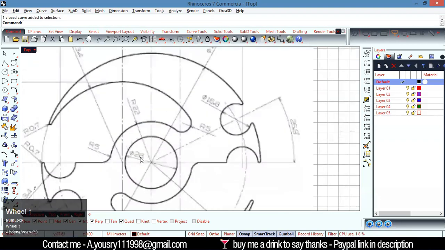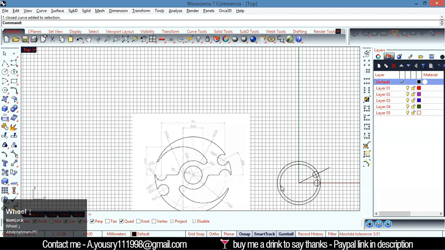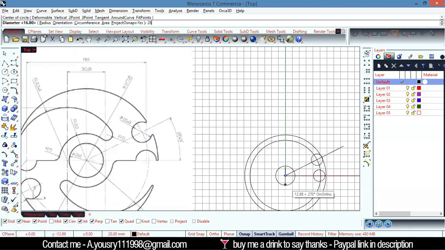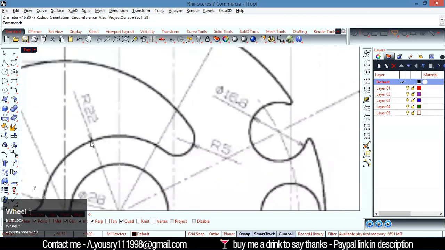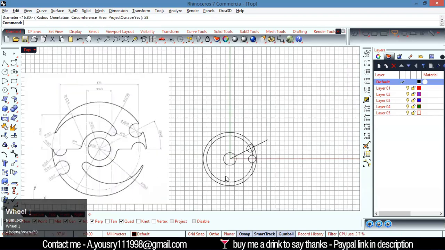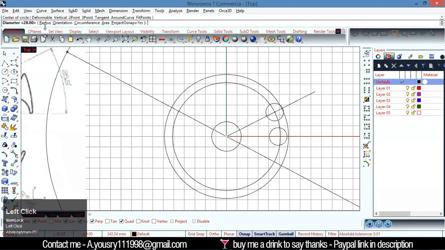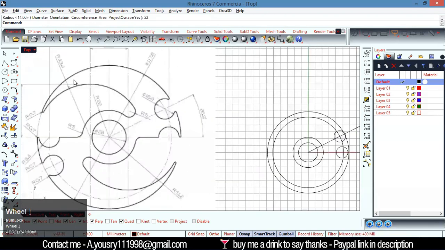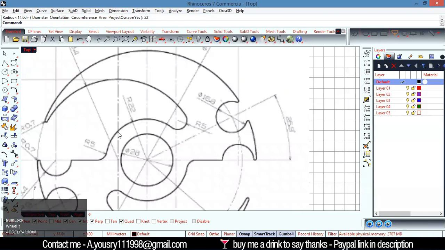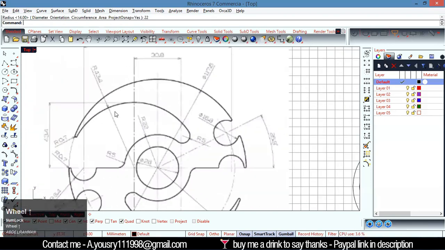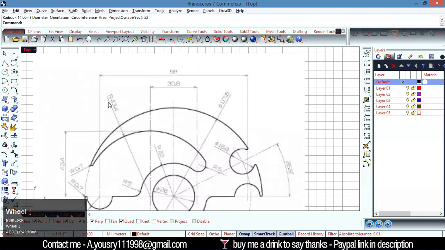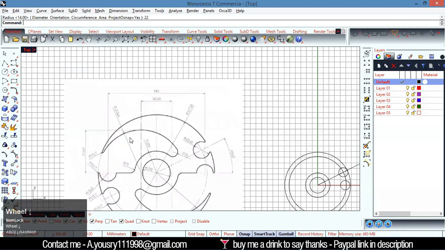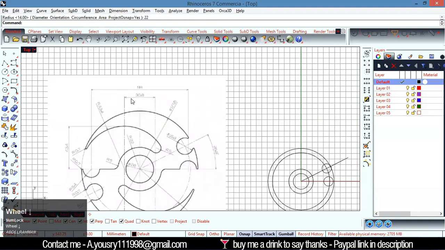Okay, so there's also another one which is 28. It's going to be a circle. Its diameter is 28, and here its radius is 22. So the radius is going to be 22. All right. There is another circle here, which is 43.4, and it's 30.8 away from the other.